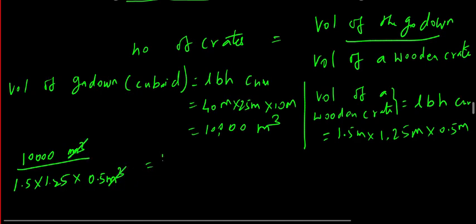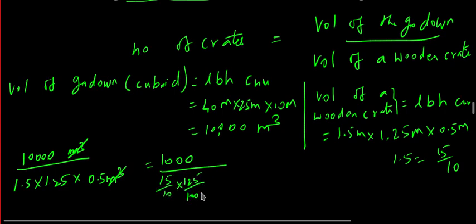This can be written in another way: 1.5 is nothing but 15 by 10, so 15 by 10 into 125 by 100 into 5 by 10. 0.5 can be written as 5 by 10. The denominator of the denominator will come to the numerator.